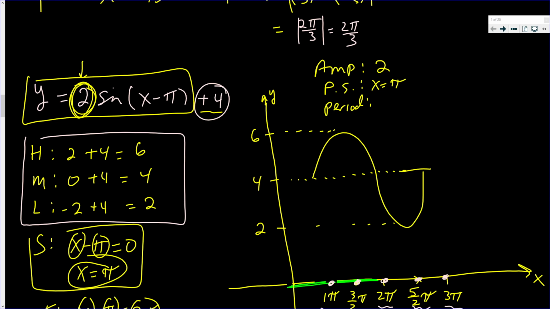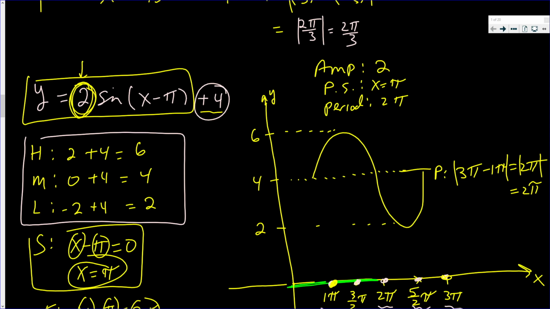And the period, well, it goes from 1 pi to 3 pi. That's 2 pi. If you need to, you can do 3 pi minus 1 pi and get 2 pi. And that's the period. And just in case it's going to end up negative, make it positive.